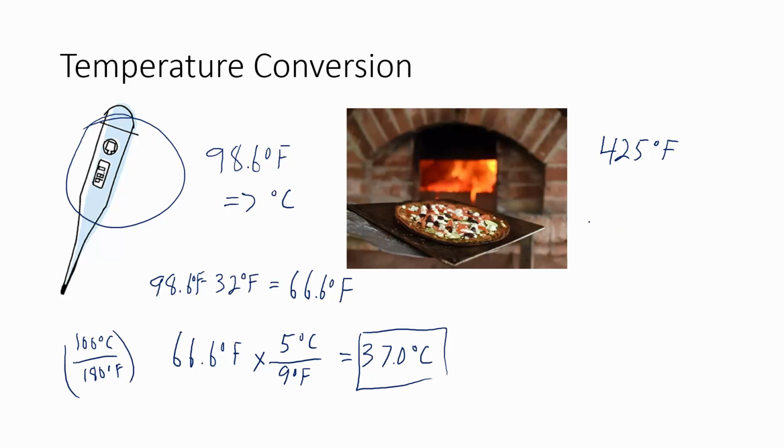Okay, so you're back. So what we want to do right off the bat, hopefully what you did is you subtracted 32, and you got 393 Fahrenheit. Now we're going to take that 393 Fahrenheit and multiply by 5 over 9.